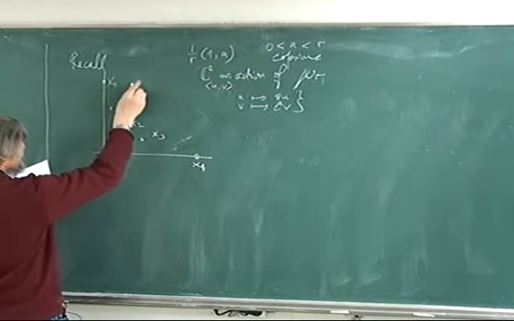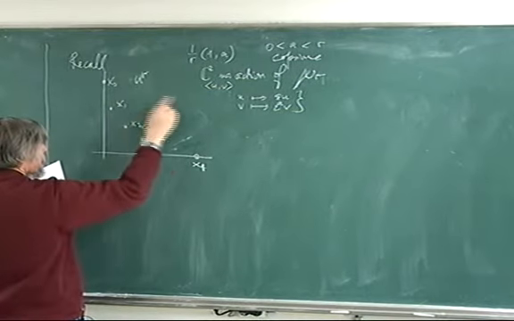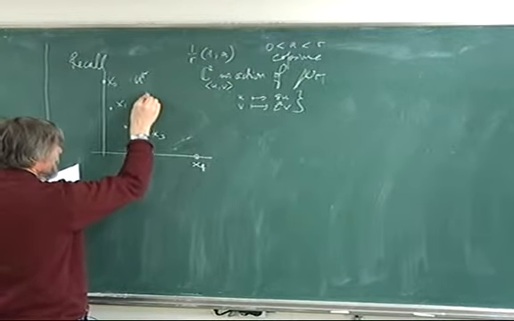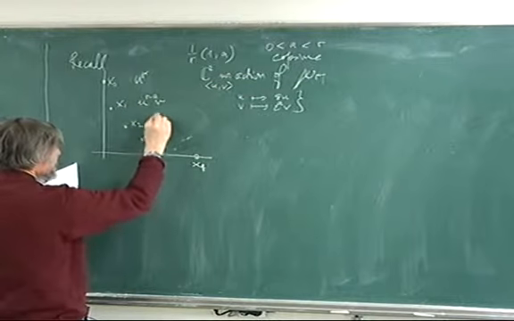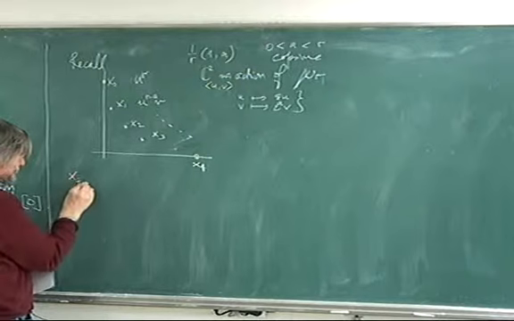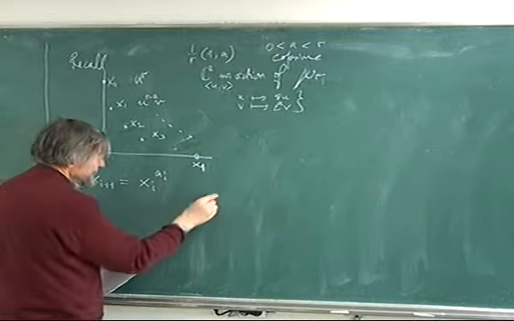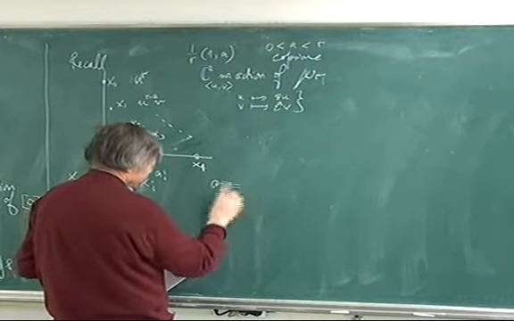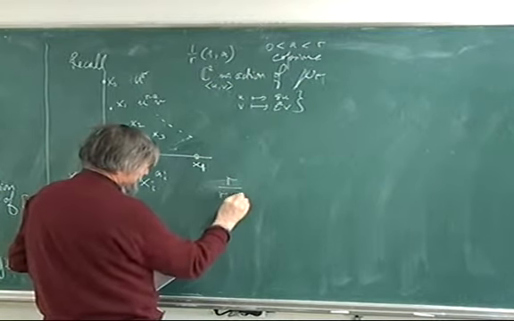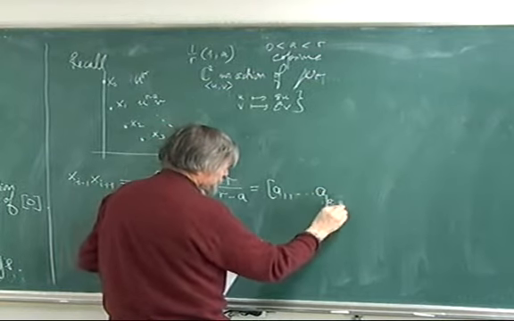Remember, I said I'm going to start off with u to the power of r, obviously invariant, and then I'm going to write down u to the r minus a times v, and then I'm going to continue. I'm going to have x_{i-1} x_{i+1} equals x_i to the power of a_i, and the a_i here are the continued fraction expansion of r over r minus a. This is a_1 to a_{k-1}.